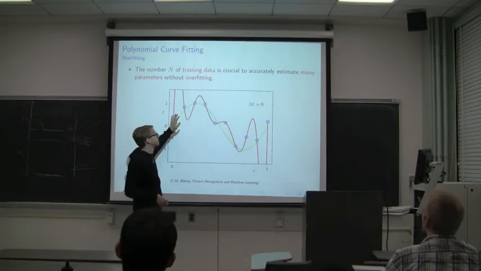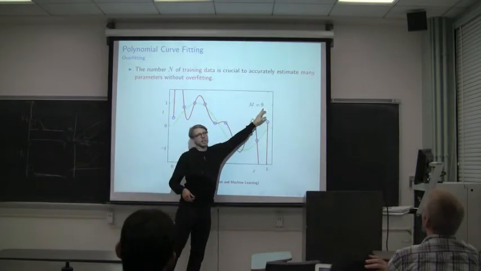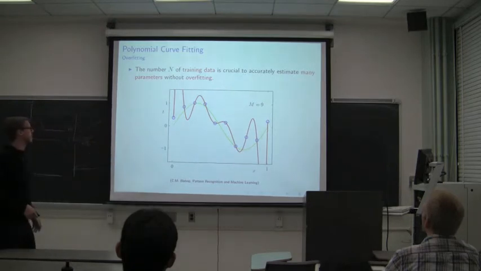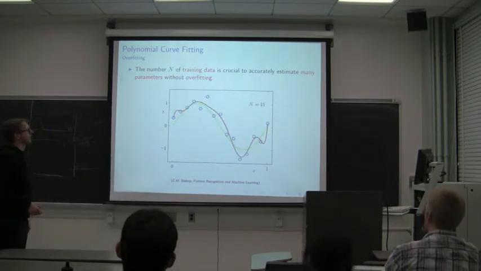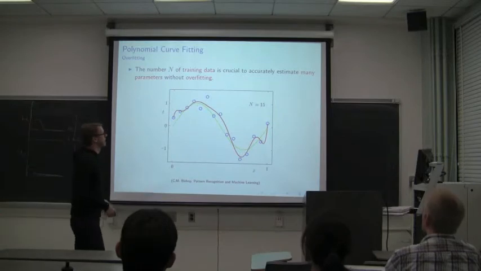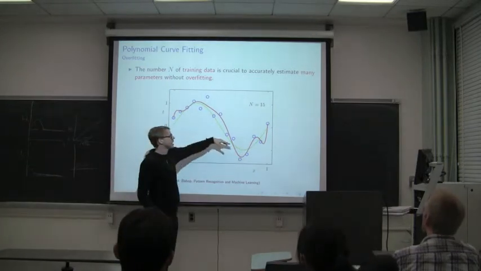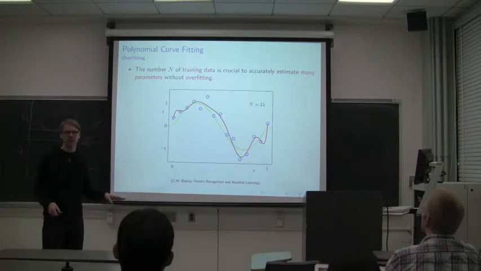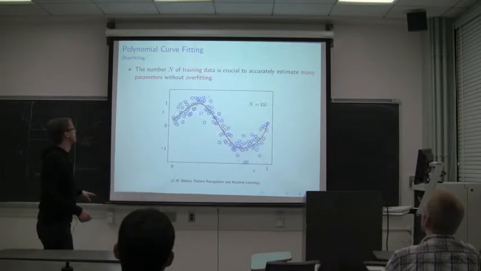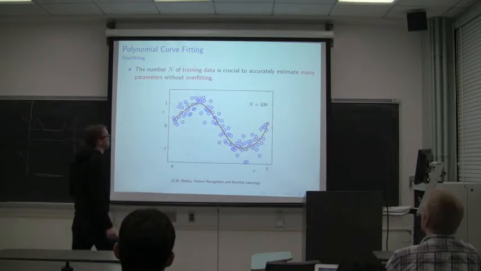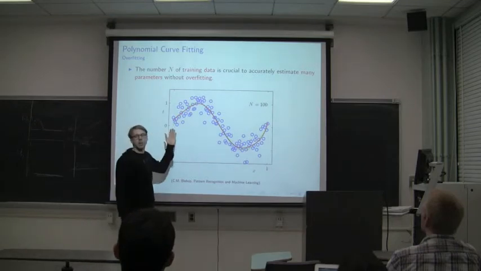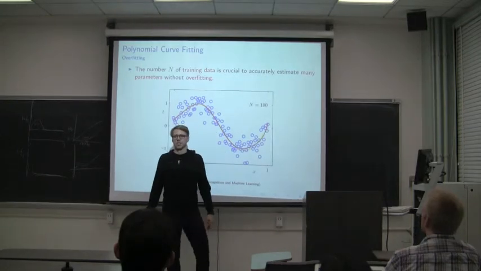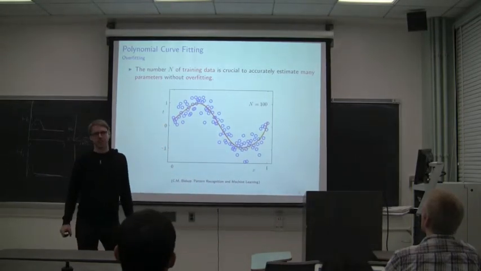For example, let's keep the polynomial at 9 now, and we start with 10 data points as before, then we get the same function as before. Now we go to 15 data points, and we already see that a lot of the wiggle that we had before goes away. And once we have 100 training data points, this 9th order polynomial gives us a quite accurate fit of our original true function.